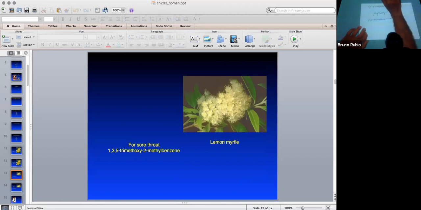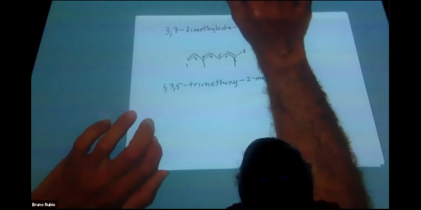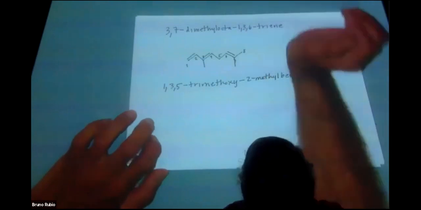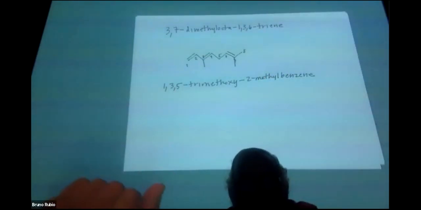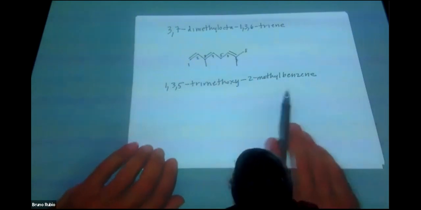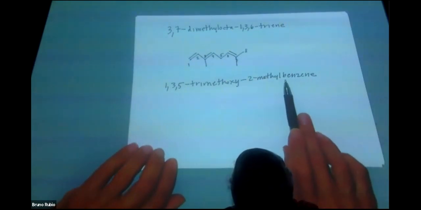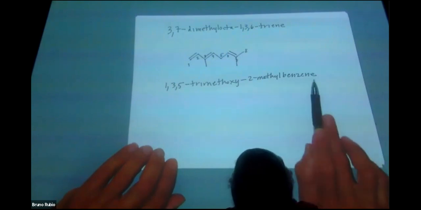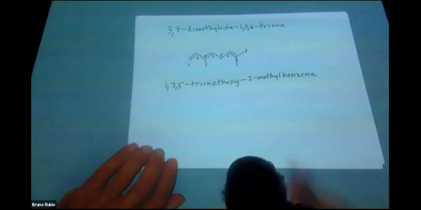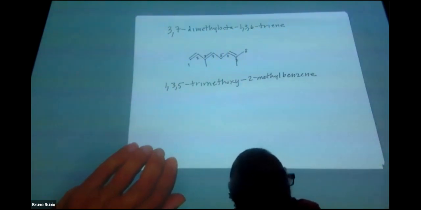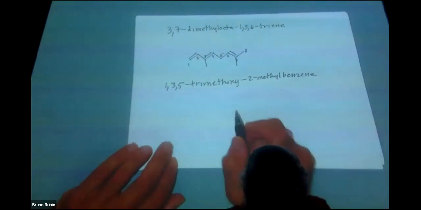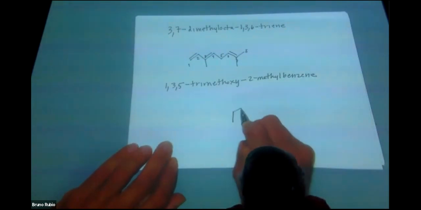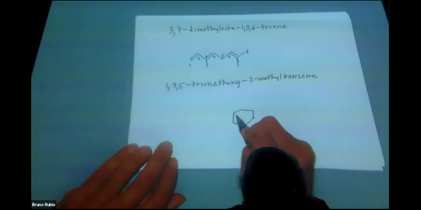All right, and so this is in sore throat drops, I guess. Okay. All right. So here, what's the priority group? Benzene, right? That's the priority group. That's the last thing in the name. So this is instructing you to draw the benzene ring.